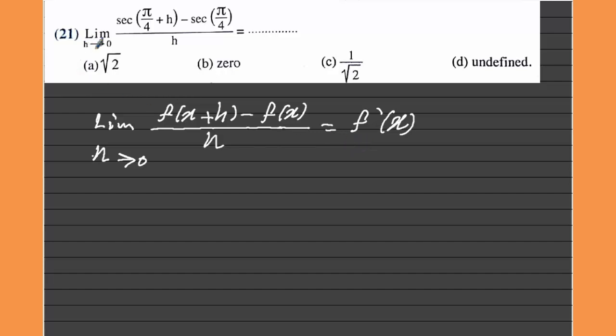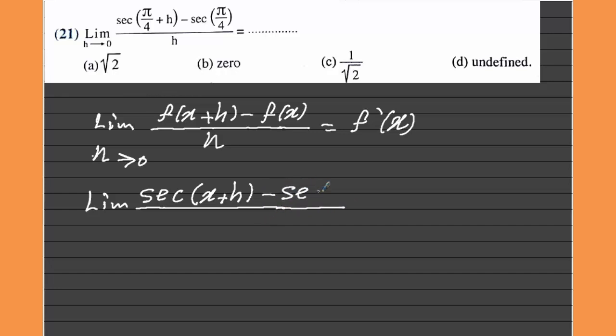So with respect to this part, we can write it in the form limit of sec of x plus h minus sec x over h as h tends to 0.